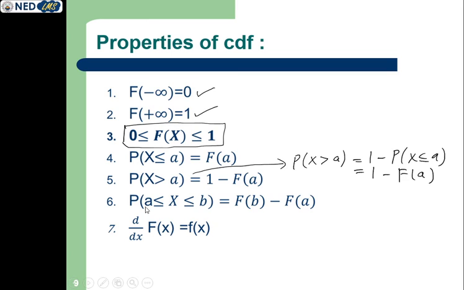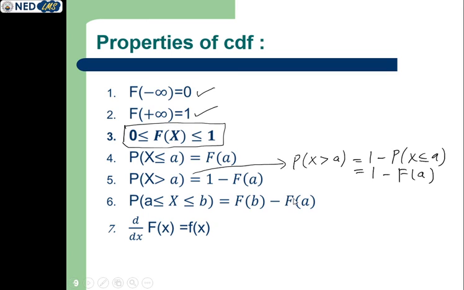Now the next property of the CDF: if we are going to find probability X lies between a and b, this is a double interval. We already found a similar property by help of the PDF, but with the CDF it is very easy. Take the image at the upper limit, which is b, minus the image at the lower limit, F of b minus F of a.